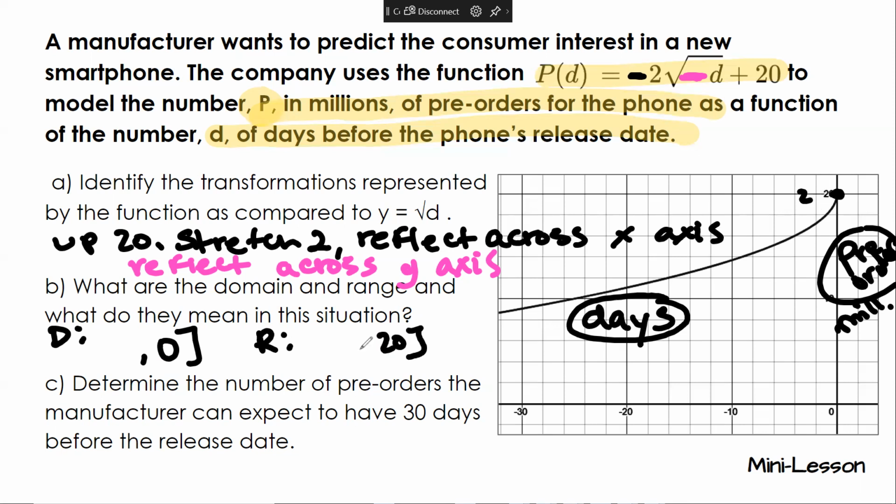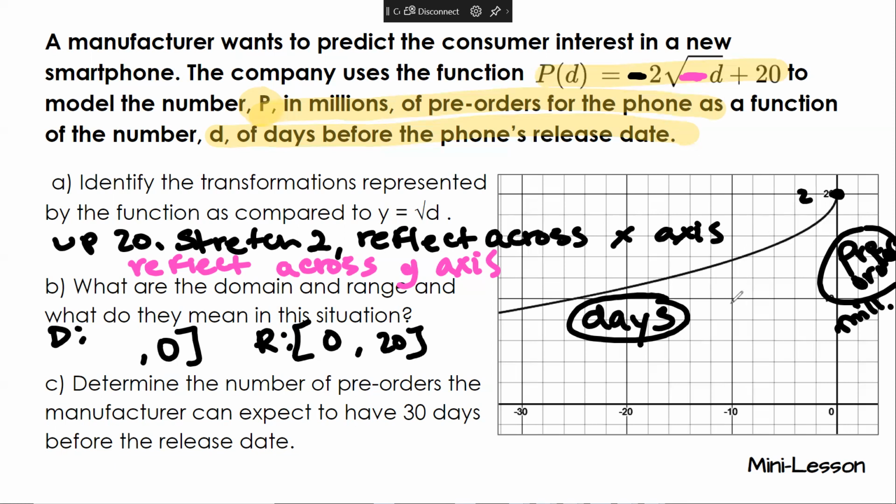And then what's going to be my lowest Y value? Okay, so if you're selling something on the first day, let's say like nobody buys anything from you. How many things did you sell? 0. Okay, that's like worst case scenario, right? So it goes from 0 to 20 on my range.